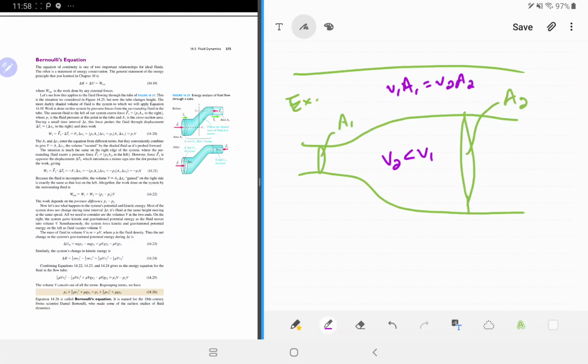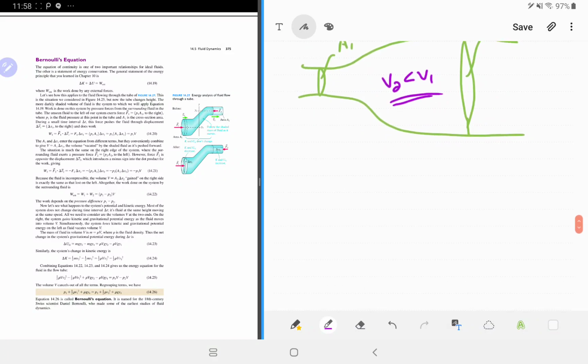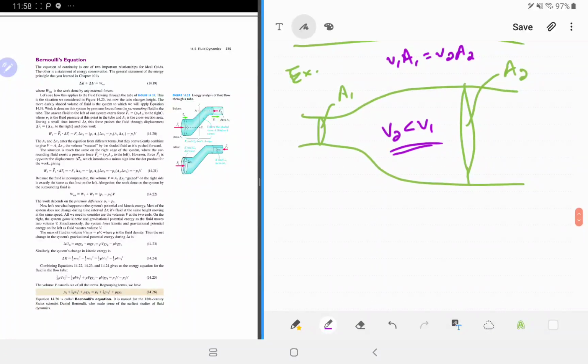So if A2 is bigger than A1, then V2 has to be less than V1. This is going to be an ingredient that we use when we combine this with Bernoulli's equation. So let's look at point 1 and point 2. We have pressure P1 plus 1/2 rho V1 squared is equal to P2 plus 1/2 rho V2 squared.